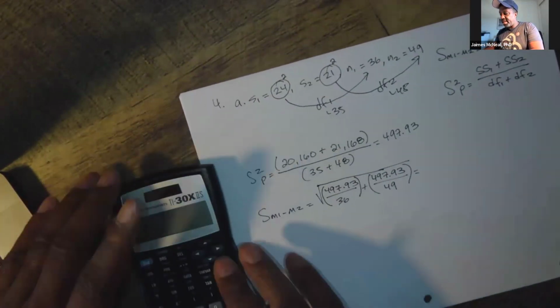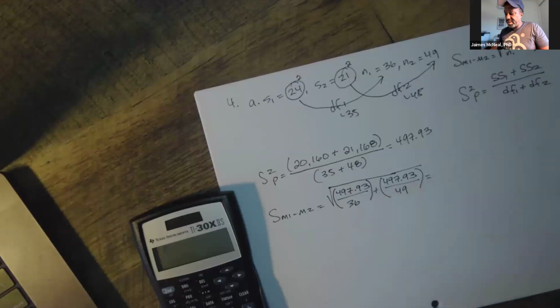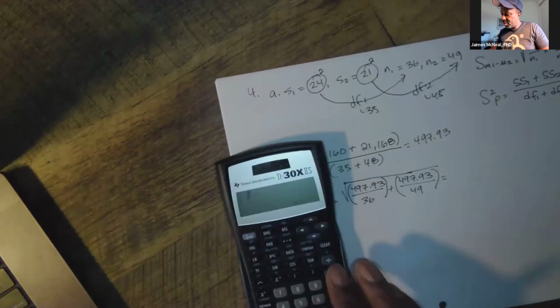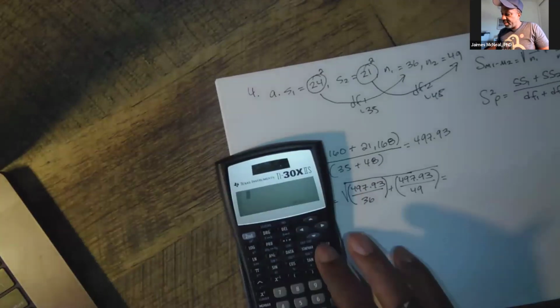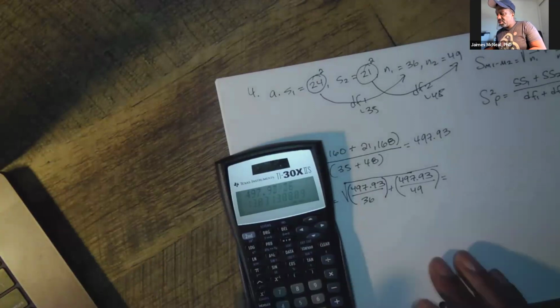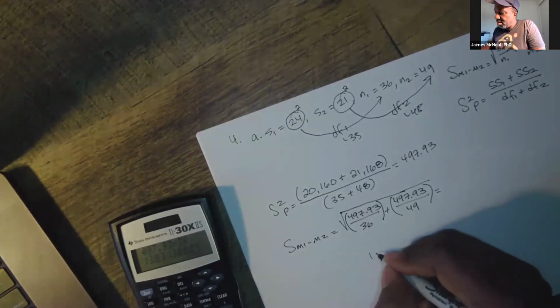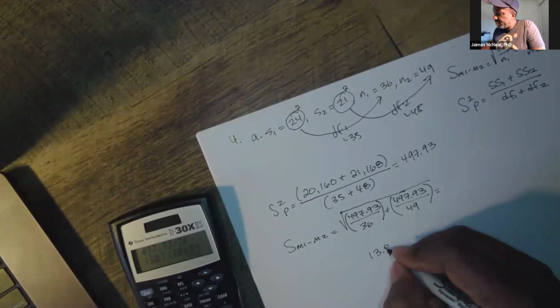So let me get the quotient of 497.93 divided by 36. 497.93 divided by 36 equals 13.831.